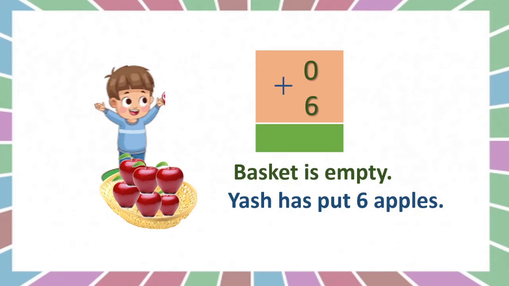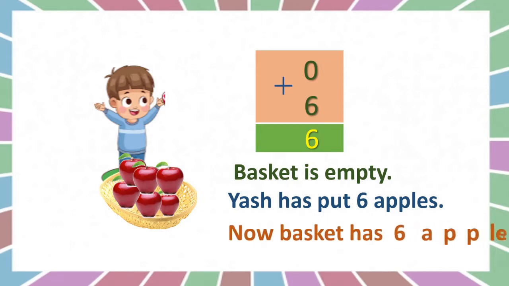Now we can see 6 apples in the basket. So our answer is 6. Here we can write, now basket has 6 apples. Isn't it? Now dear children, observe this. 0 plus 6 is equal to 6. Right?